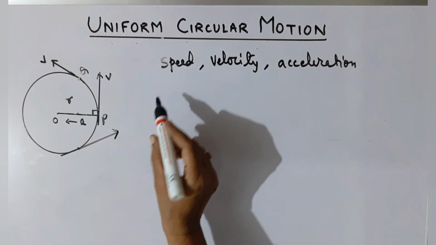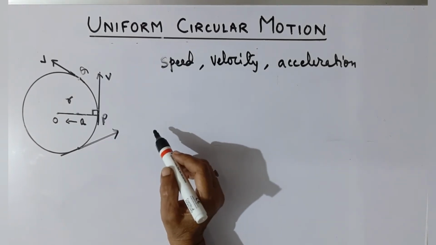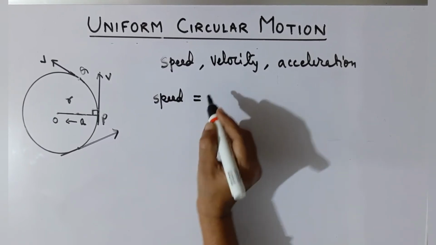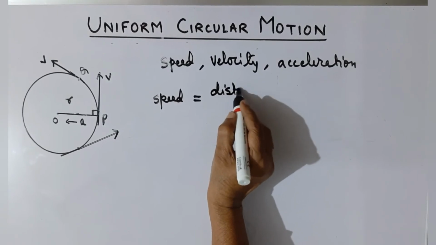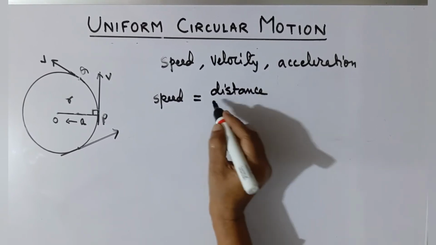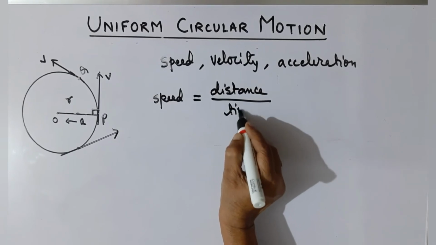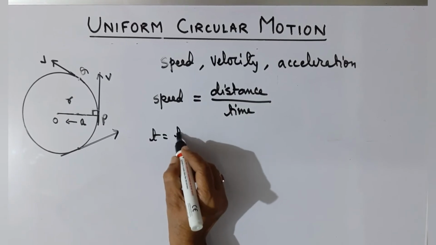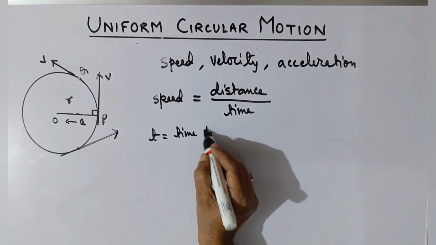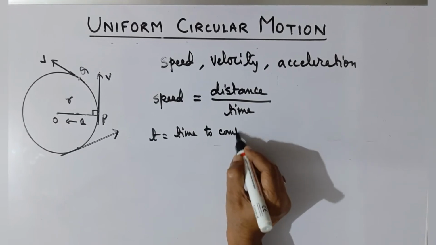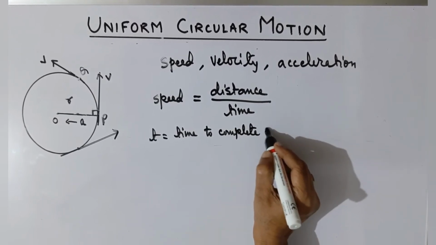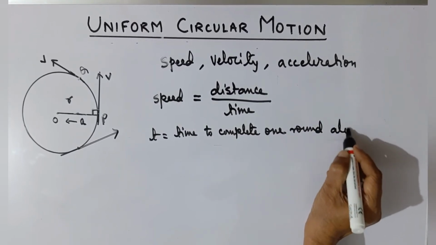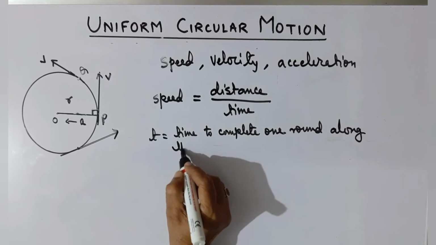Now let us try to find out what is the magnitude of the speed. As we know, the magnitude of the velocity or the speed is given by the distance travelled divided by the time taken. Now let us suppose that t is the time to complete one round along this circumference.